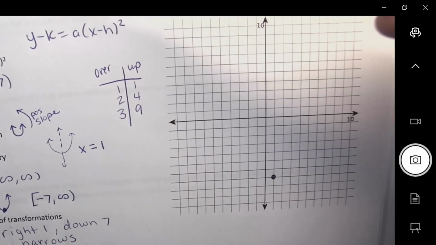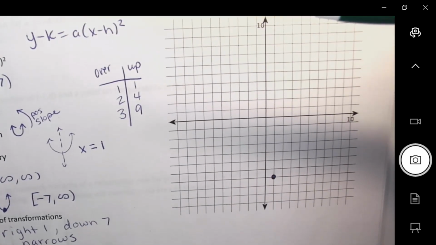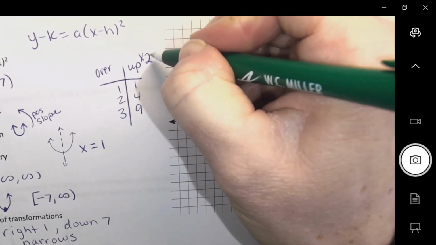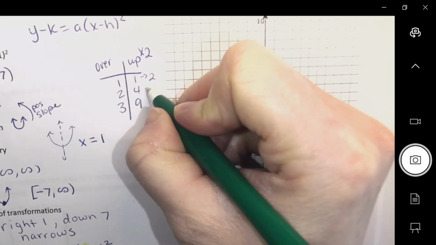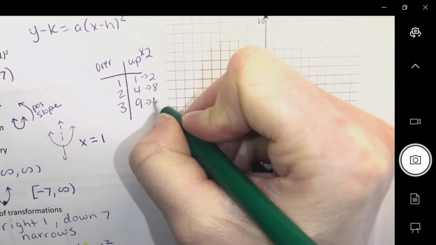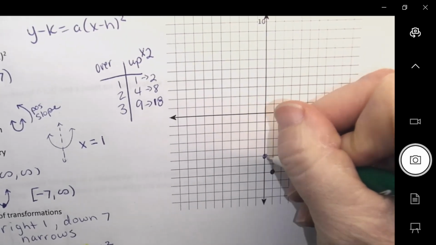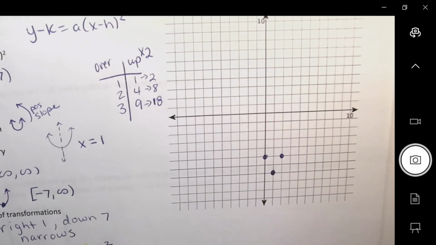Where do I apply the slope of 2 to this chart? It changes the up. And I should do what kind of math with it? I'm going to multiply that by 2, so this is now 2, 8, 18. So I'm going to go over 1, up 2. Guess what happened? It hit the y-axis at -5.